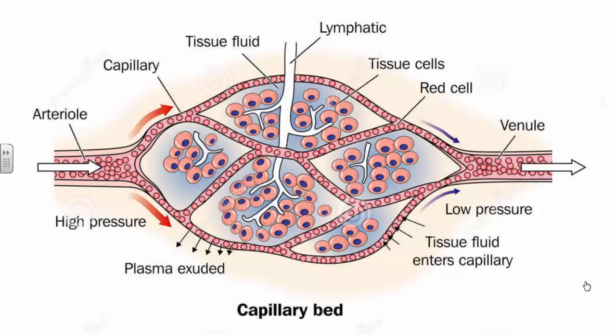This network of capillaries surrounds these body cells, cells of our tissue. They could be anywhere. So what's surrounding these cells? Tissue fluid. What do we call that? We call it one thing when it's in the blood, and we call it something else when it gets forced out of the capillaries.